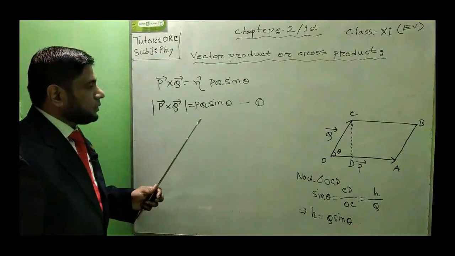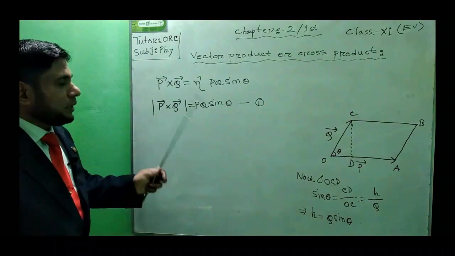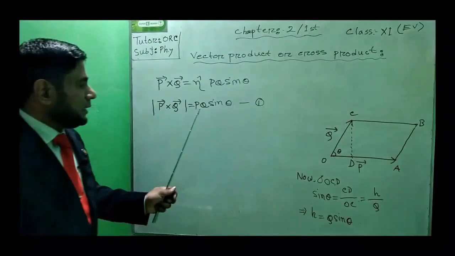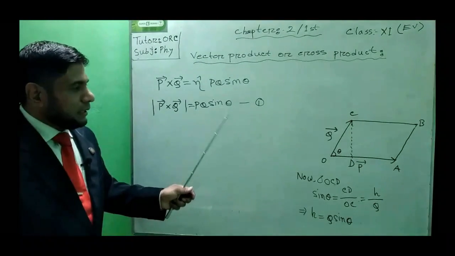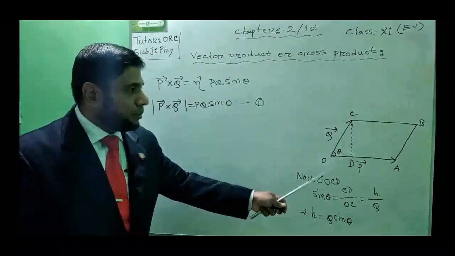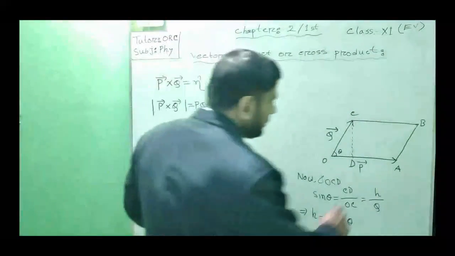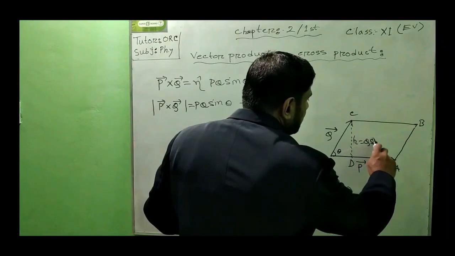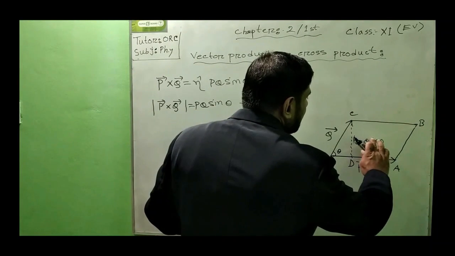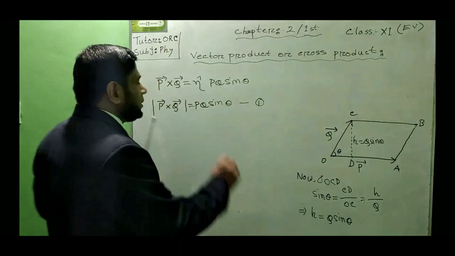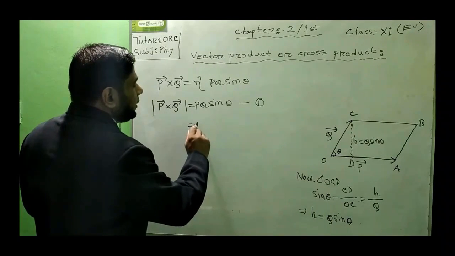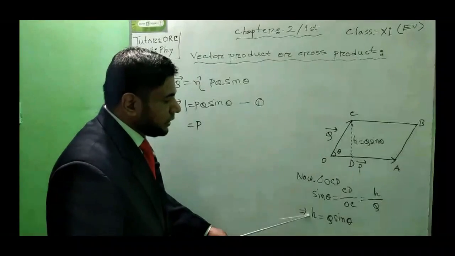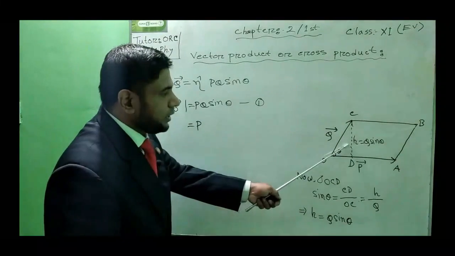So from the value of the cross product of these two vector quantities, we can see that Q sin theta indicates the height of this parallelogram. Let us put the values: P and Q sin theta, where Q sin theta is the height of the parallelogram.